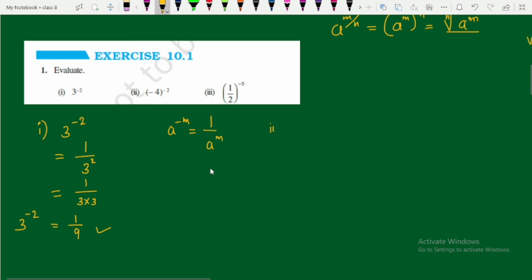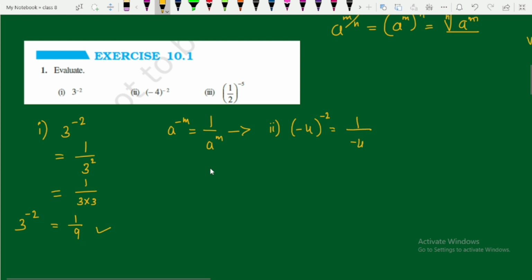Now the second one, okay, so minus 4 raised to minus 2. Yes, this again the same law you can apply here, right? So again the power is negative, and the base is also negative, but the base will not affect anything, you are just going to write the base in the denominator. Okay, the power is negative, how can we convert the power if it is negative? By reciprocal.